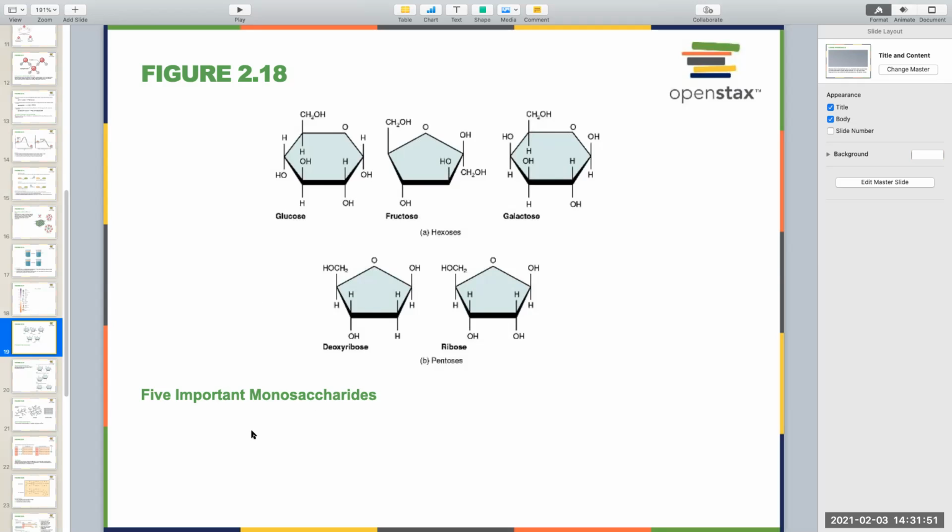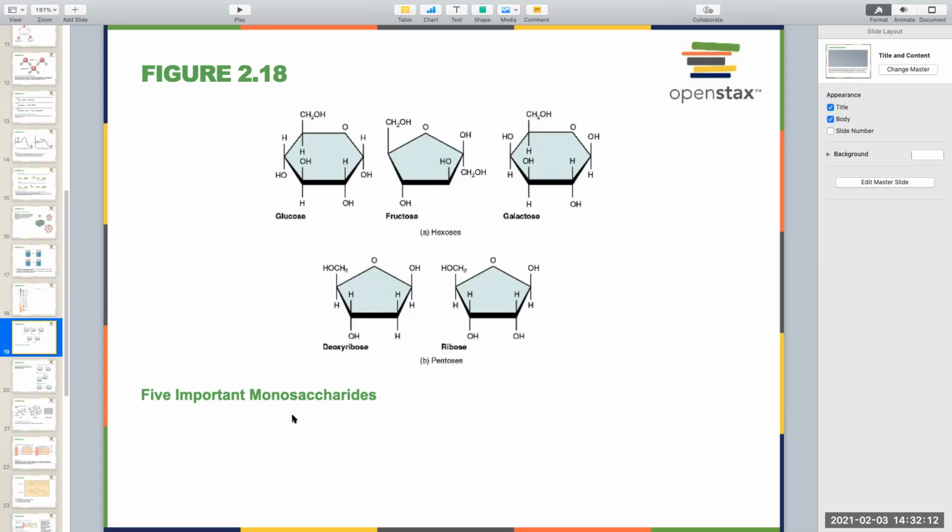Okay. If I say that there are two saccharides, we're going to use the Latin term, which would be disaccharides. The prefix di stands for two. If I say we have a trisaccharide, tri means that I have three.